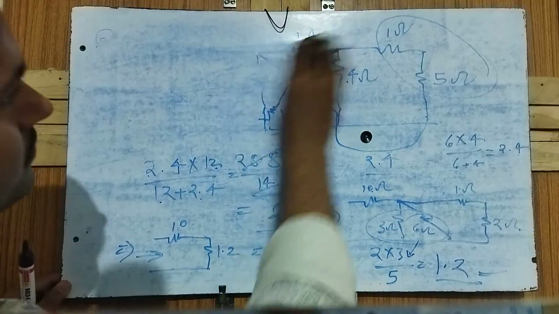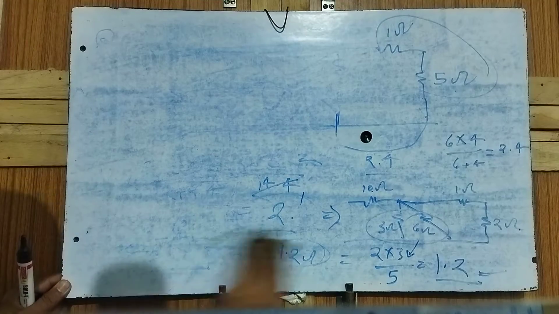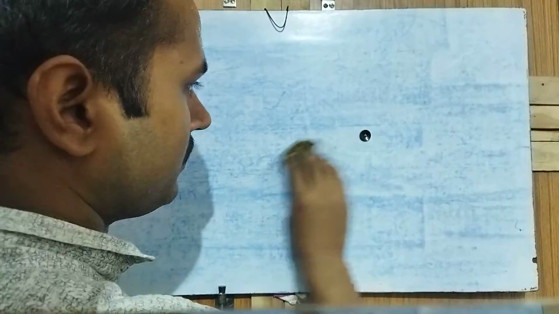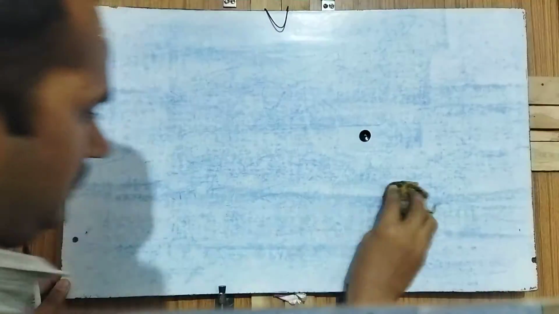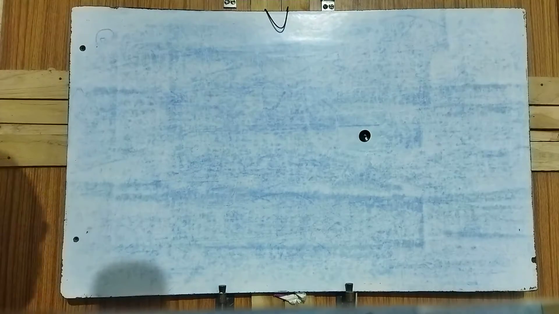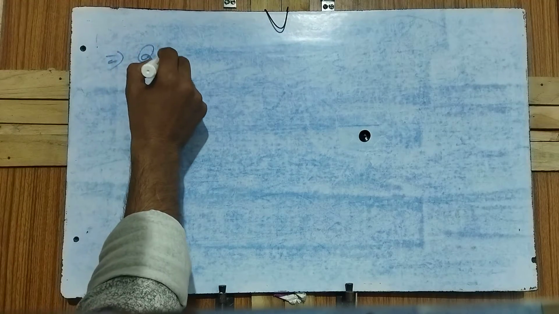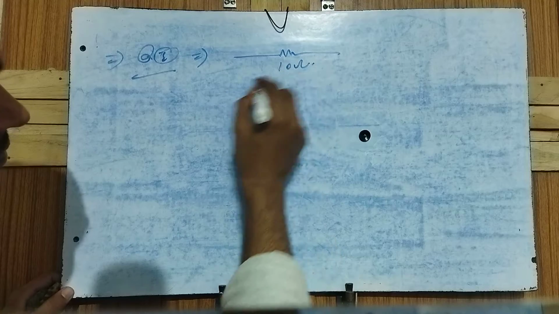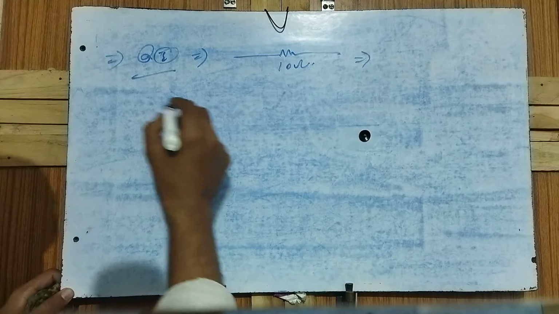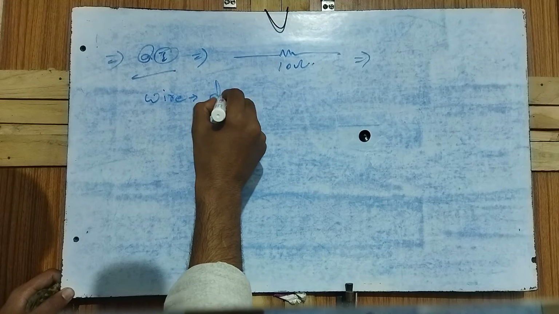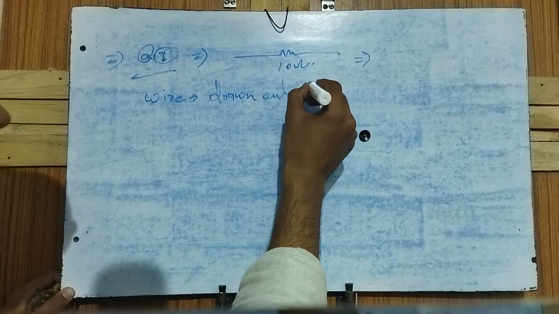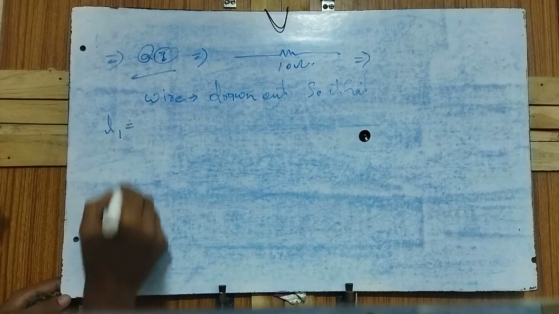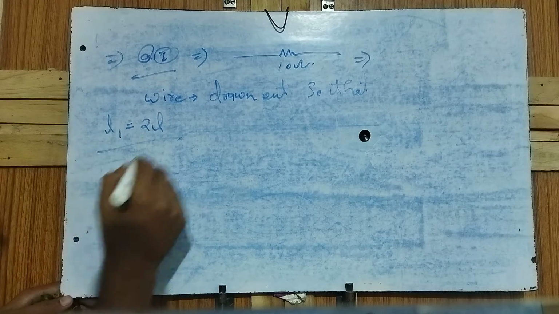Next, question 3 is about resistance. What is the value of R if a wire of 10 ohm is drawn out so that its length becomes double the original length, 2L?